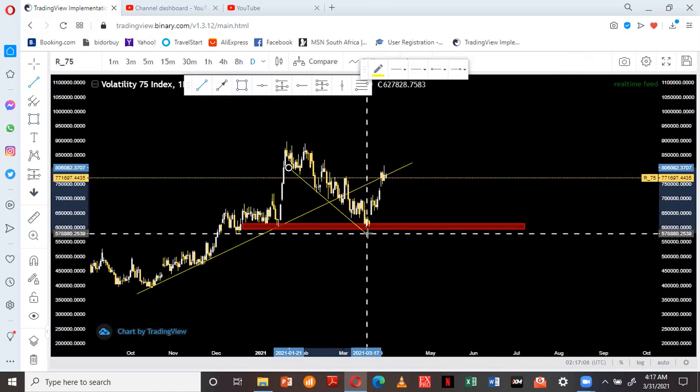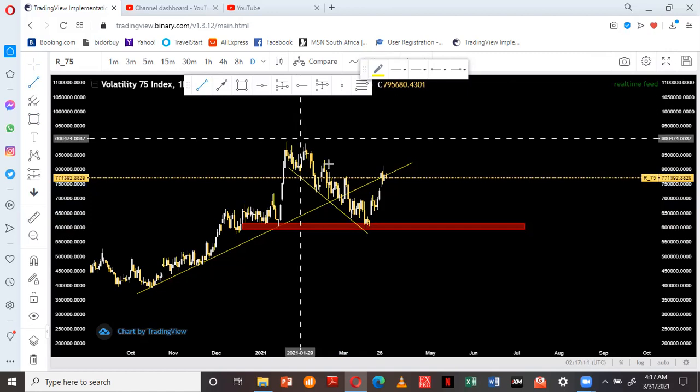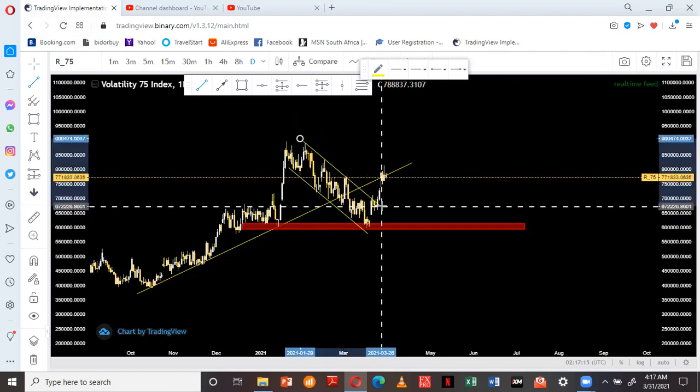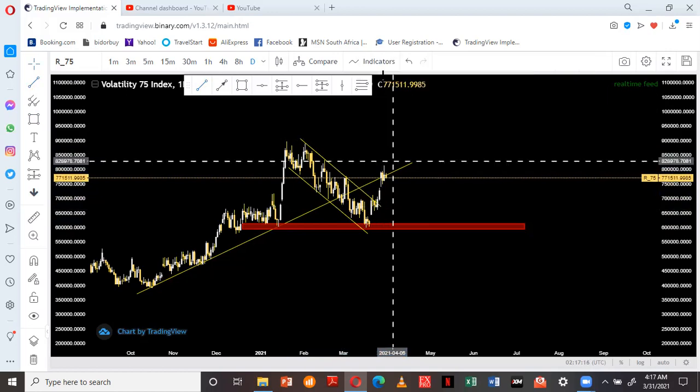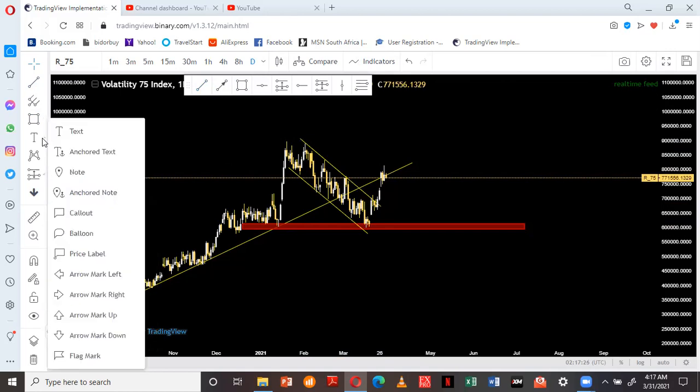So I feel like this pattern happens everywhere. See, now we are having this pattern here. What happened? We got out of that trend line again.